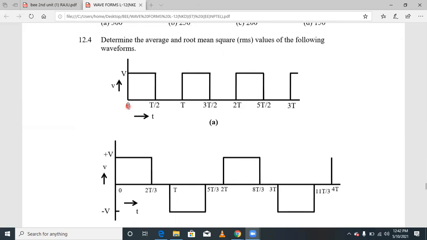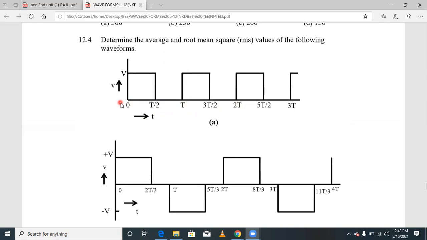What is the full cycle? So your time period is nothing but 0 to T. The total time period is 0 to T, and then T to 2T is another time period. This waveform is repeating, so 0 to T is called the total time period.